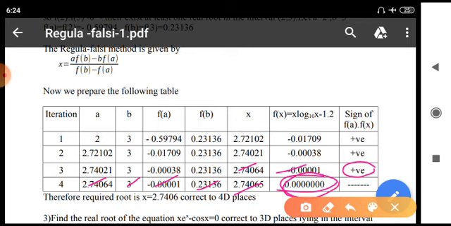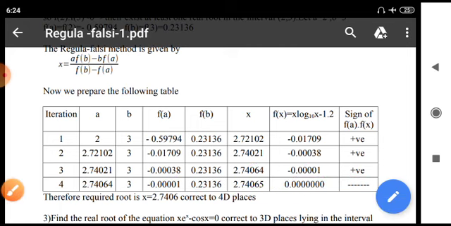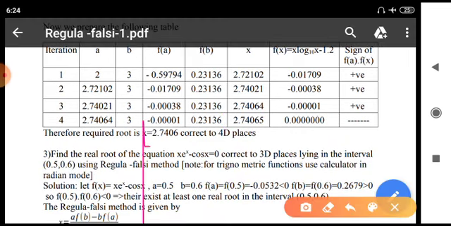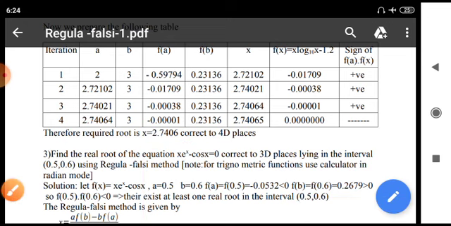Then we get f of x is 0. No need of finding sign of f of a into f of x, because we have already got the answer for 4 decimal places, that is 2.7406. So the required root is x equal to 2.7406, correct to 4 decimal places.